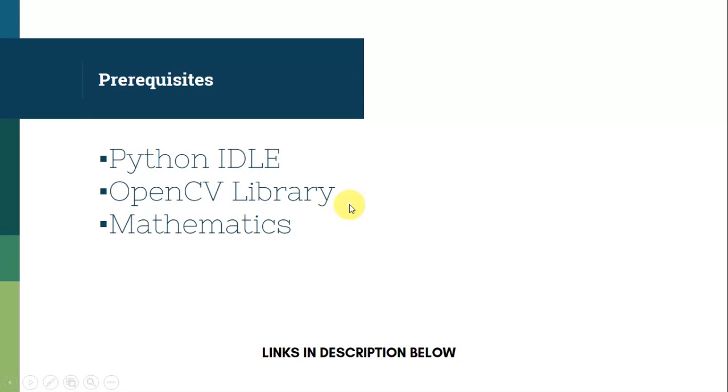It's used for all the image processing applications. So it has different functions which can be used, and a little bit of mathematics goes into decoding the markers. If you don't have the software Python idle and OpenCV libraries, you can go ahead and download the software from the links in the description below.